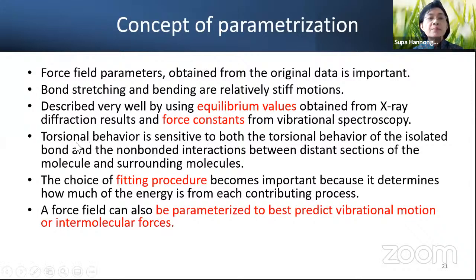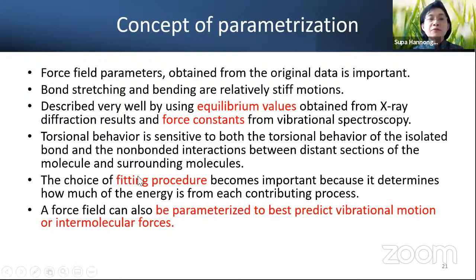The torsional behavior is sensitive to both the torsion of the isolated bond and the non-bonded interactions between the distant sections of the molecule or the surroundings of the molecule.